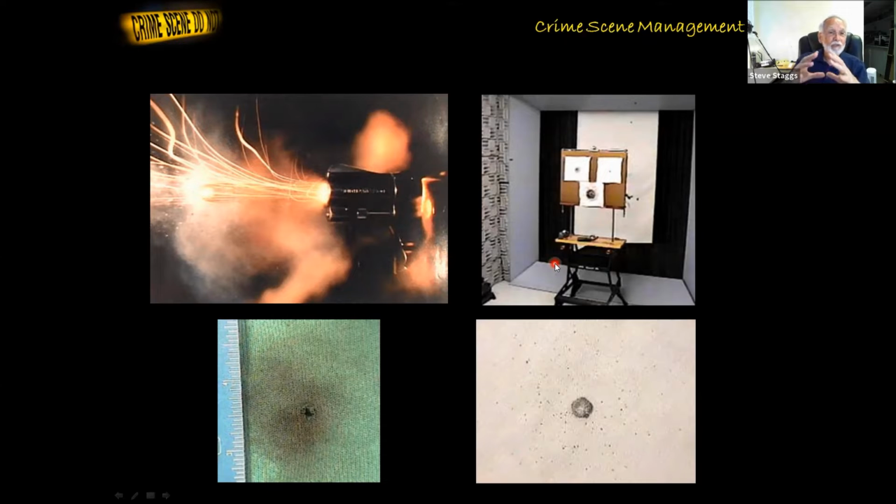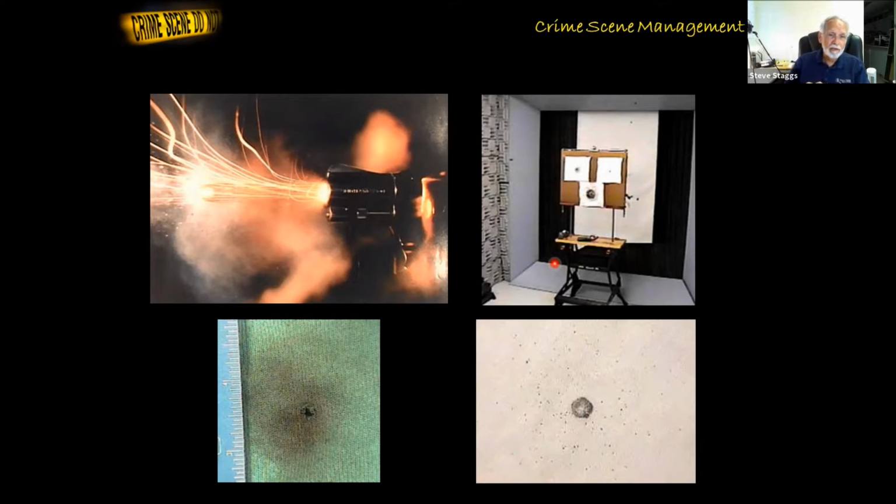So if you have a certain size pattern on the victim's shirt, you're going to shoot from different distances until you get approximately the same size pattern using the suspect's gun and the same ammunition. We're still going to say approximately because there are variables. If it was outdoors and the wind was blowing, not all the gunshot residue may end up on the victim's clothing. So we always say approximate.